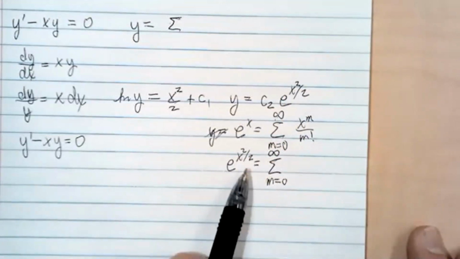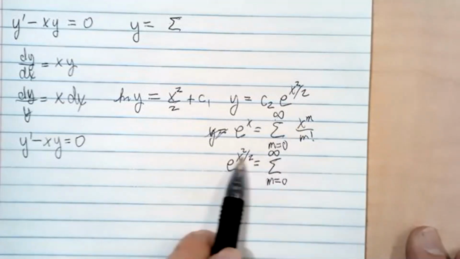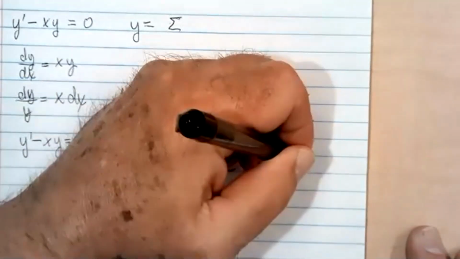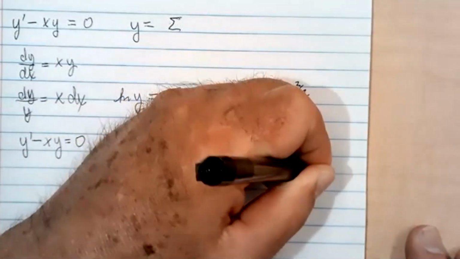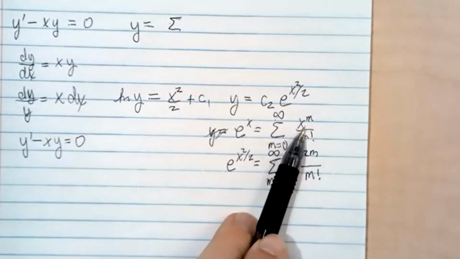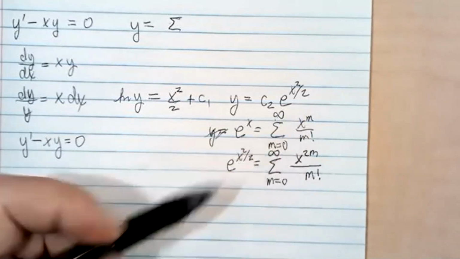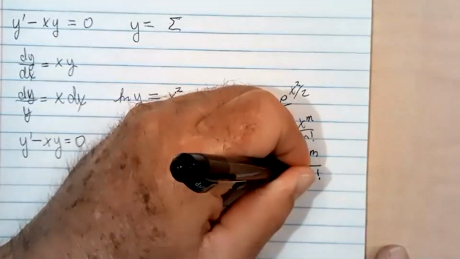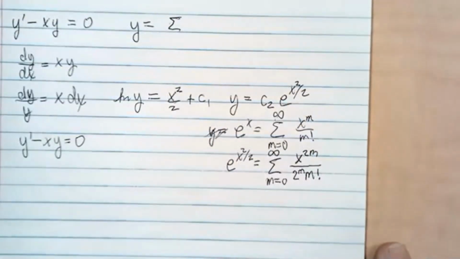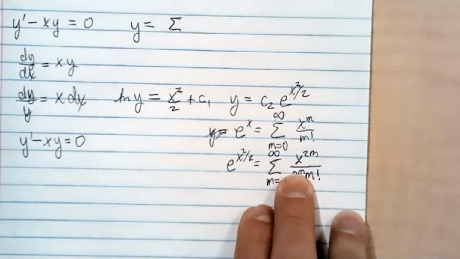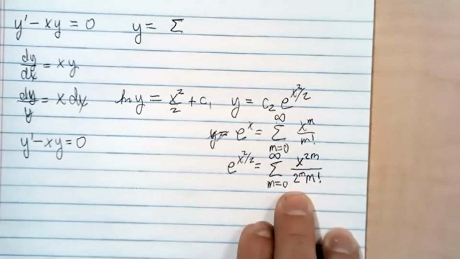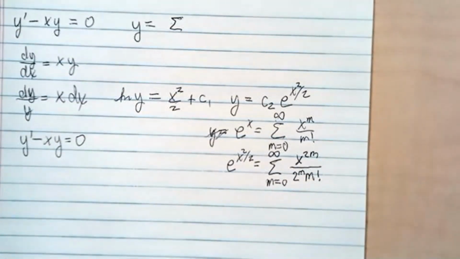All right, now I'm going to take x squared over 2 and plug it in here. Well, x squared to the m would be x to the 2m. I already had an m factorial down here, but then the over 2 to the m produces a 2 to the m in the denominator. So this is the kind of pattern we're looking for. We should have only even powers on x, a factorial and a power of 2 in the denominator. So that's what we are hoping to see.